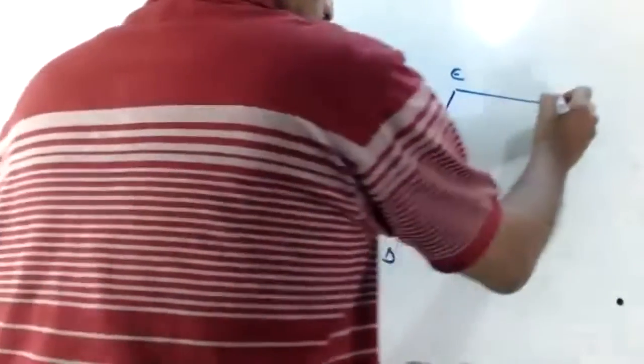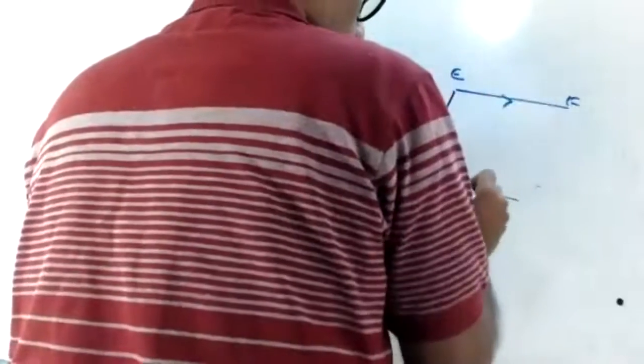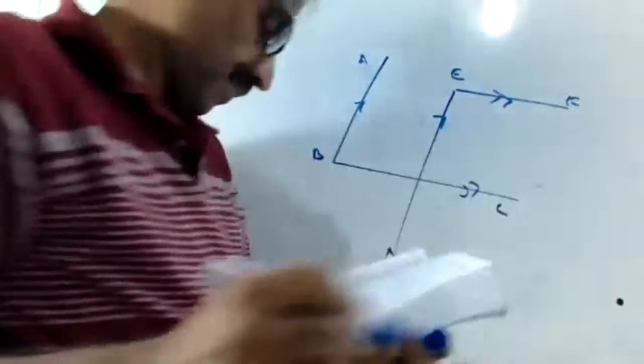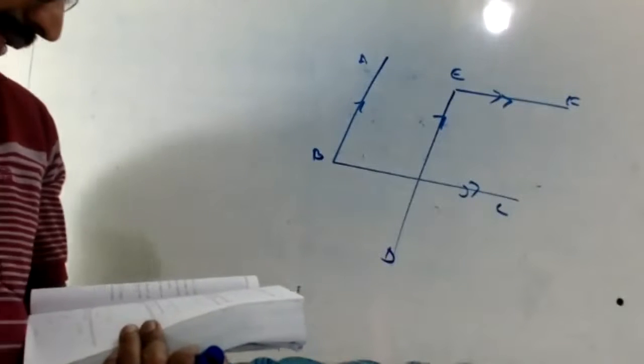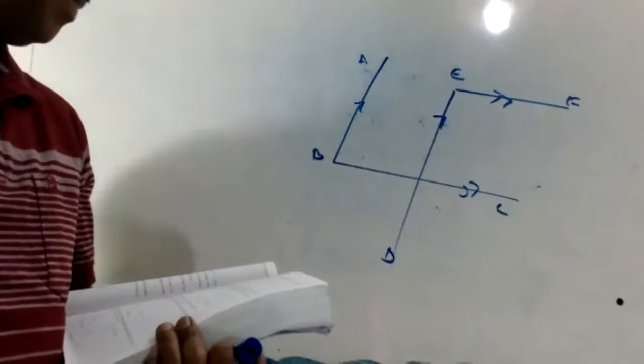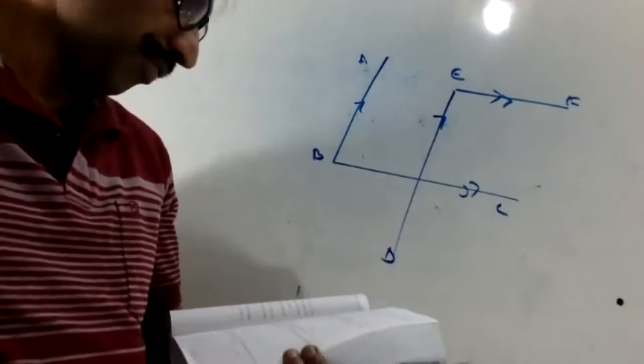This is parallel to here. This is parallel to here. BA and BC parallel to ED and EF.